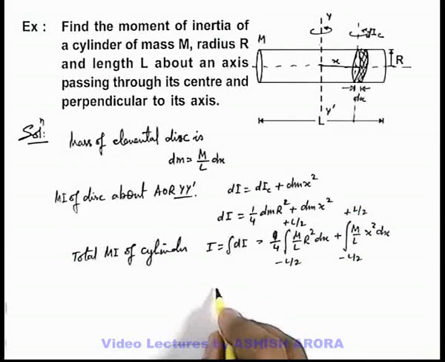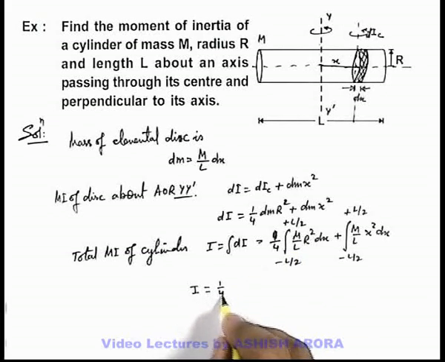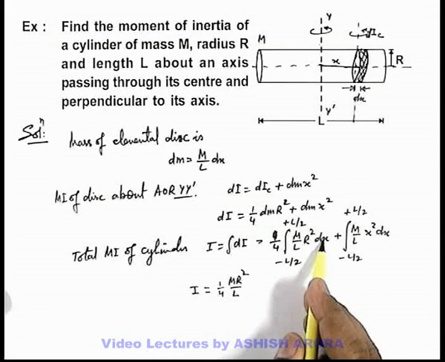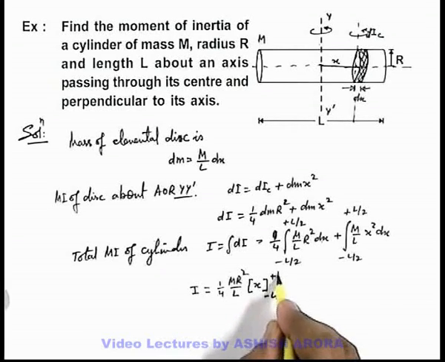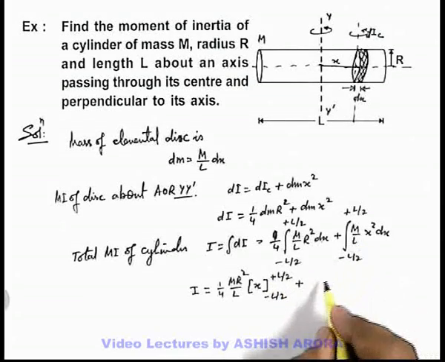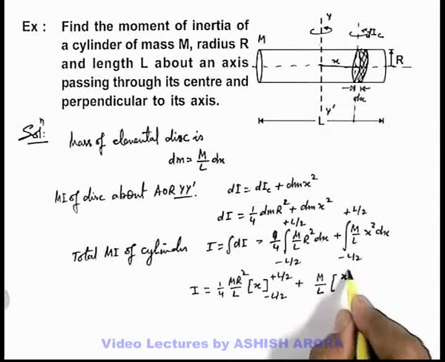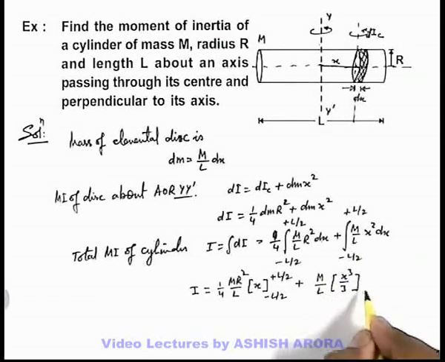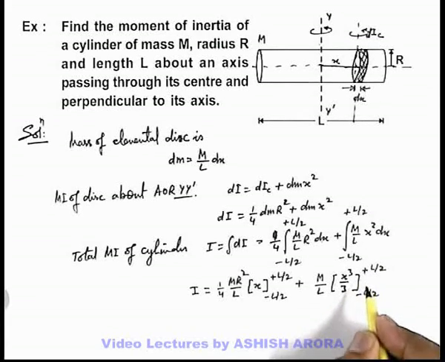On integrating, the moment of inertia we are getting is 1 by 4 mr square by l. If we integrate dx the integration will be only x, and we apply limits from minus l by 2 to plus l by 2, plus here it is m by l, integration of x square will be x cubed by 3, where again we put limits from minus l by 2 to plus l by 2.